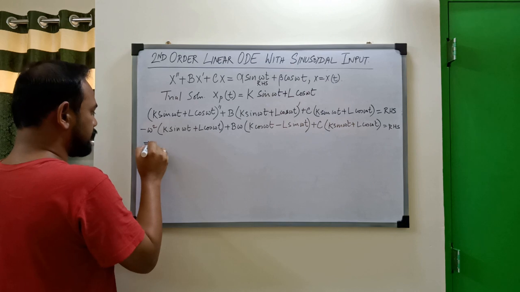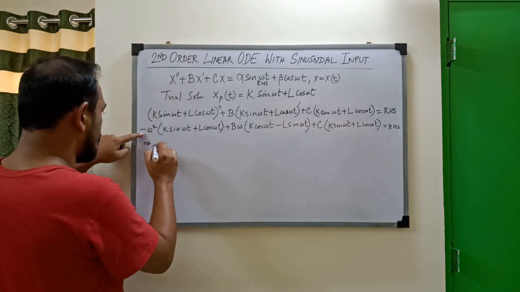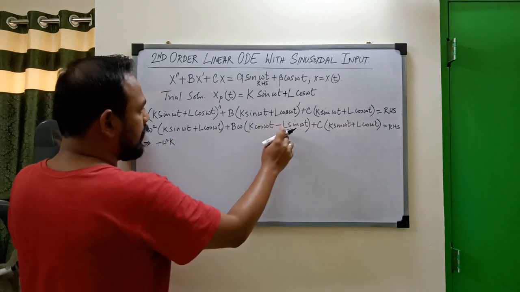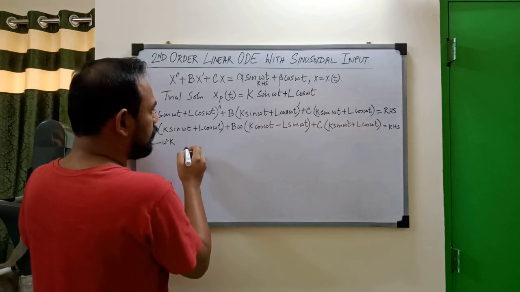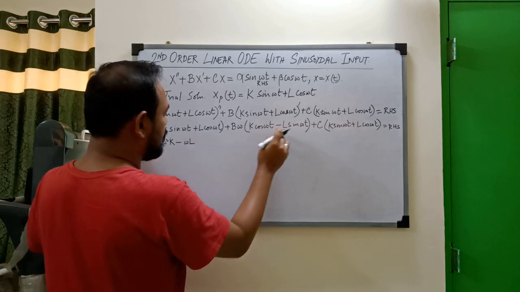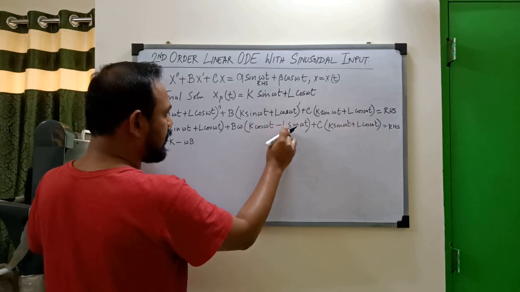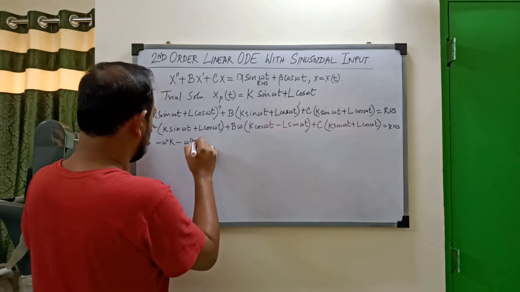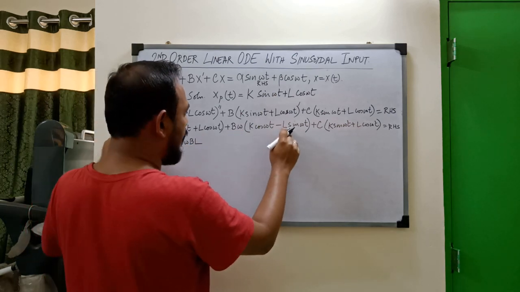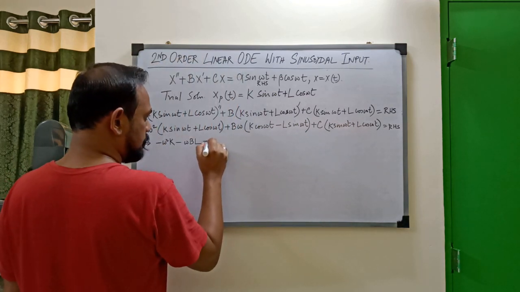So let's group things here. Can I group all the sine terms together? I get a minus omega square k from here, a minus omega b L from here, and I get a c k plus c k term.